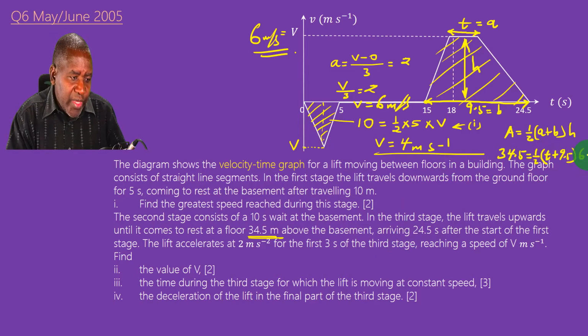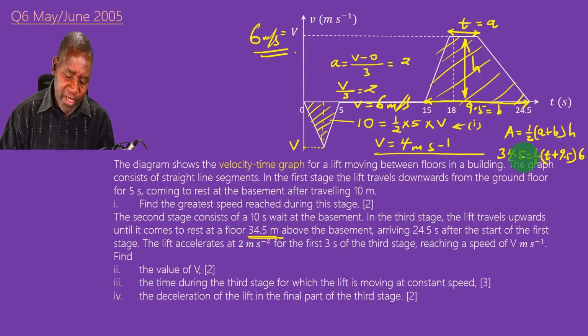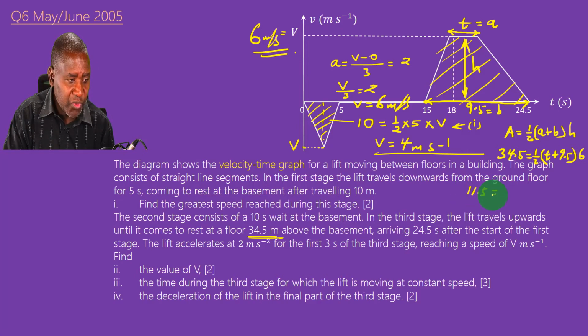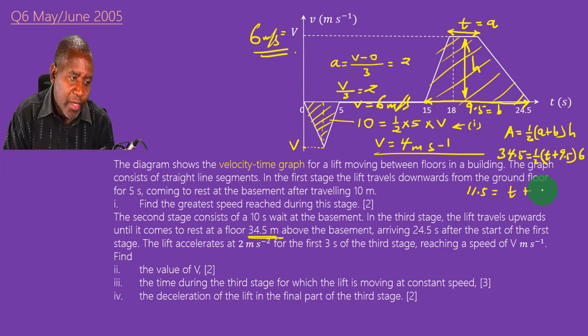Now we can work out that question. 6 divided by 2, we get 3. 34.5 divided by 3, I'm dividing both sides by 3. That will give me 11.5. So 11.5 is equal to, I've already opened the brackets here, 9.5 plus t.